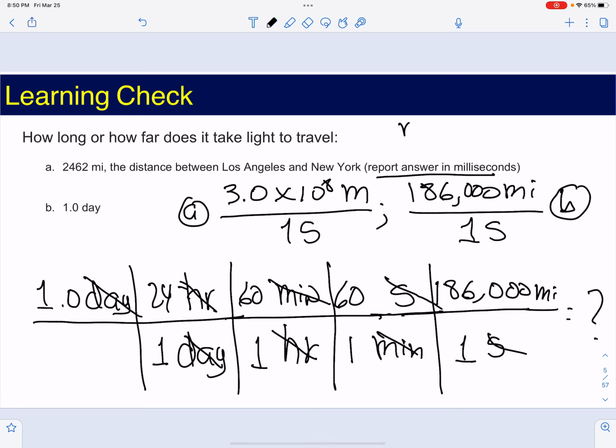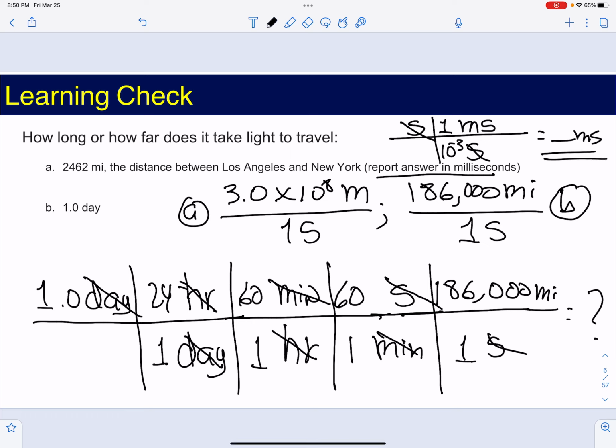So once we found the seconds, then we went to milliseconds, and we know that 1 millisecond is 10 to the minus 3 seconds. And that will give us the answer in milliseconds. Sorry, I forgot that.